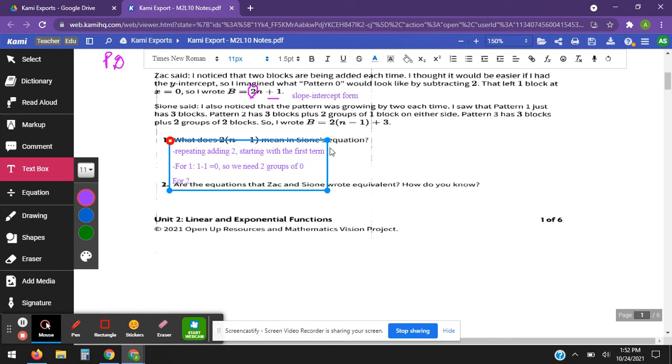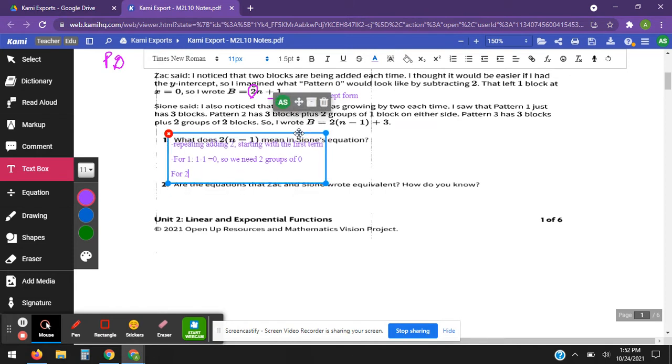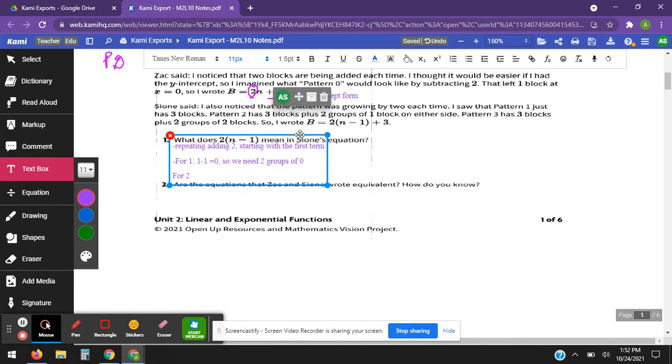For 2, let me scoot this up a little so you can see it all. For 2, that's 2 minus 1, and that equals 1. So what this is doing is I'm putting the 1 in for n here. So 1 minus 1 equals 0, 2 minus 1 is 1. So we need 2 groups of 1.